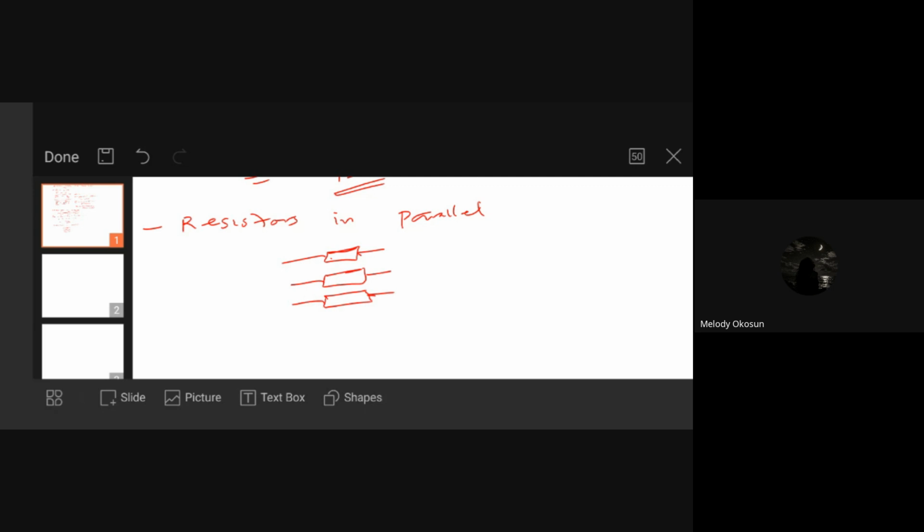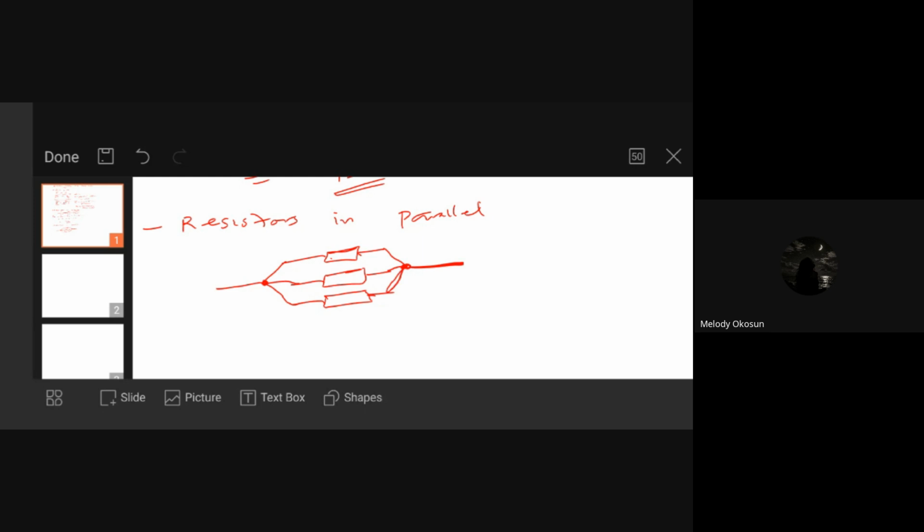All right. Now, when we say parallel, it means that all the legs of these resistors are connected together at one end. All the legs at this end are connected at a point, such that from that point I can have an outlet that runs into the circuit. I also have everything connected at the other side, such that from this point I have an outlet that will run into the circuit.